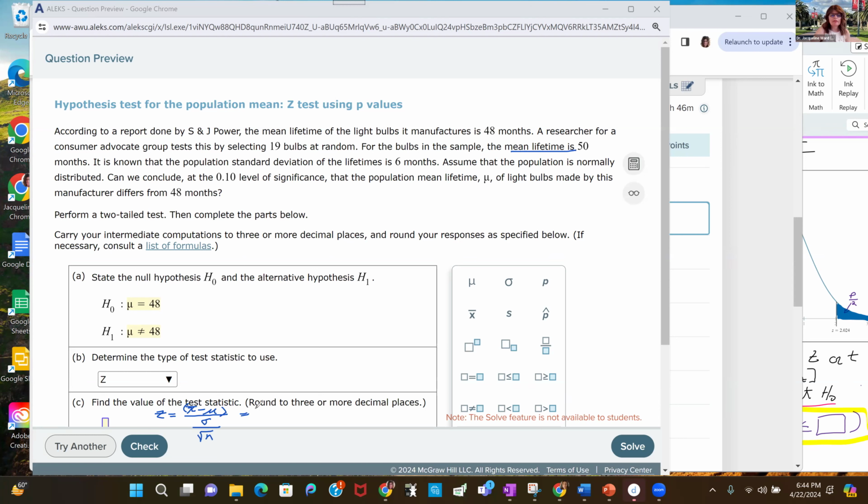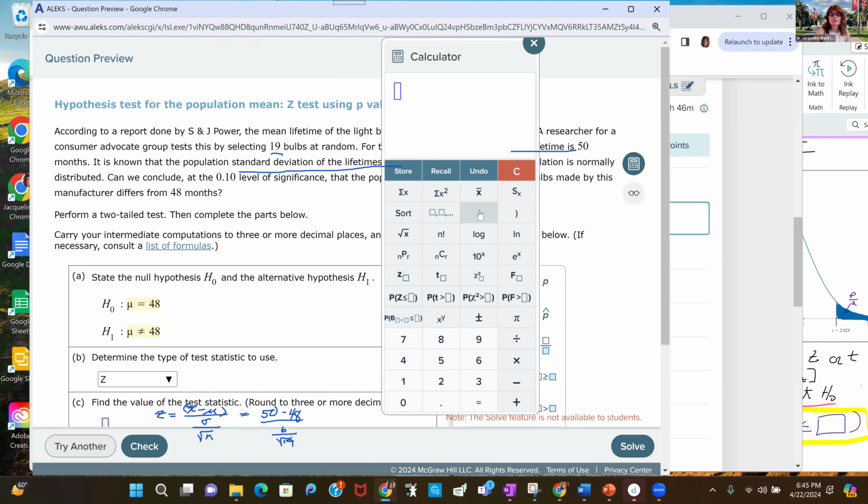So we've got a sample mean of 50 minus mu, which is 48, over the standard deviation of 6, and we have a sample of 19. To 3 decimals, 1.453.